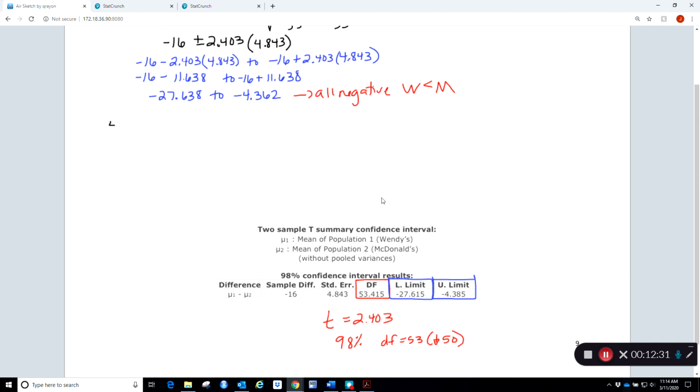So now let's put that all together in our interpretation. So we always start with how confident we are.